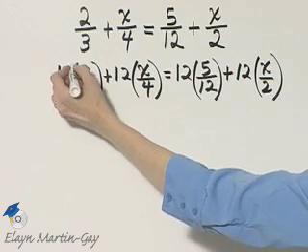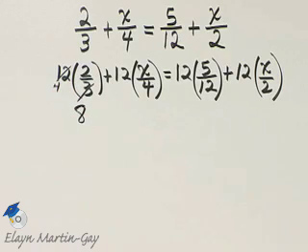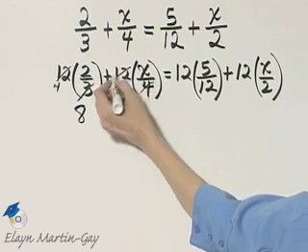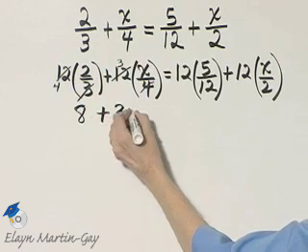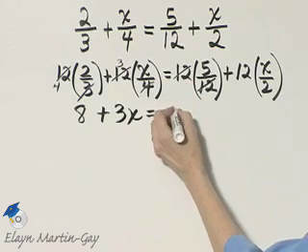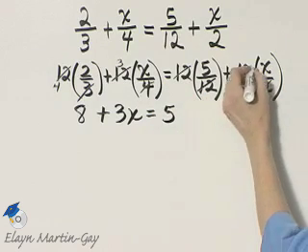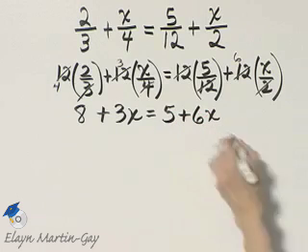Notice 3 divides into 12 4 times, so I have 4 times 2, or 8. And then 4 divides into 12 3 times, and I have 3 times x, or 3x. And then these 12s divide out, and I have 1 times 5, or 5. And then 2 divides into 12 6 times, I have 6 times x, or 6x.